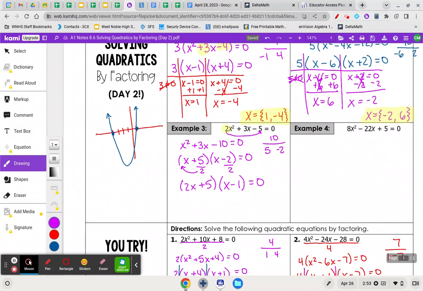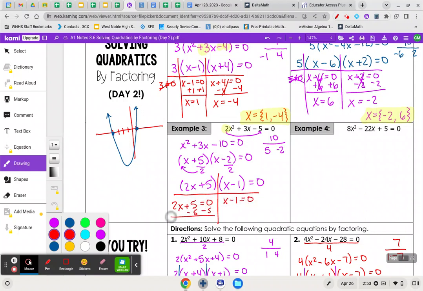This chapter, we do need to take it a step further, where we set each of these factors equal to 0, and then solve. Sorry, it's kind of teeny down here. I end up with x equals negative 5 over 2, and x equals 1. So my solutions and my curvy brackets are these two things.